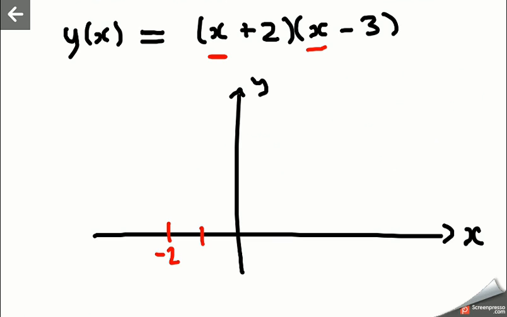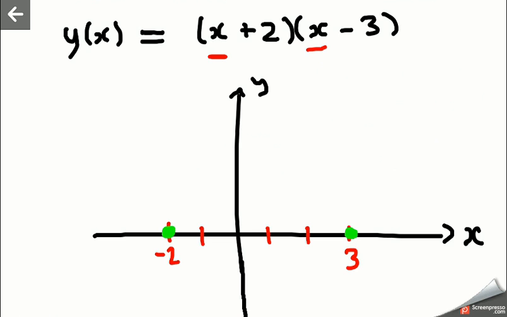So here's negative 1, here's 1, here's 2, here's 3. These are the points of our parabola where it is equal to 0. So we know our parabola goes through this point and this point. When I say our parabola is equal to 0, I mean the y value that comes out of the function that our parabola represents is equal to 0.